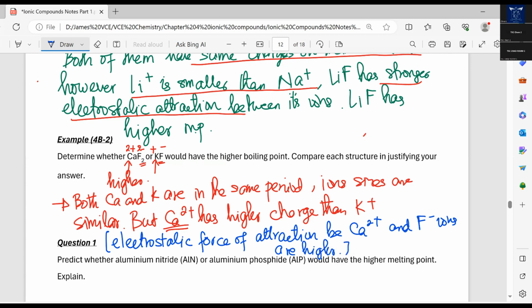So if you can include this statement, that will be better. They are looking for the higher electrostatic force of attraction. That's what they are looking for.